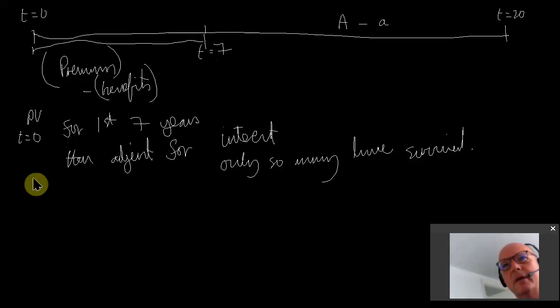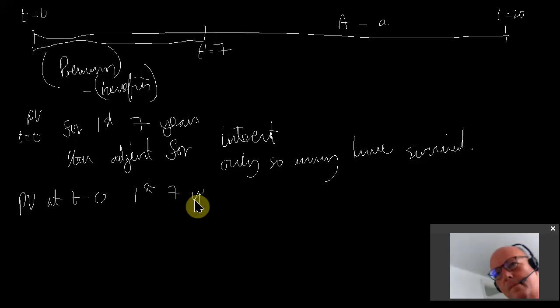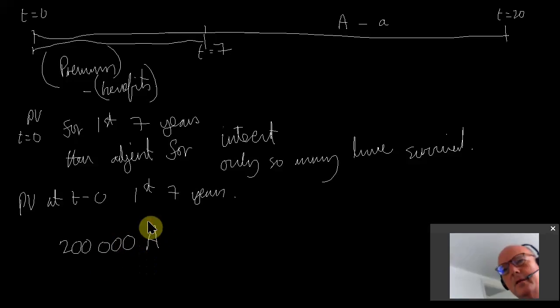So the way to get the reserve is to calculate the present value at t equals 0 for the first 7 years, and then adjust. So this calculation is 200,000 times the assurance function from age 35 for 7 years. I should put a 1 in there to say it's a pure assurance rather than an endowment assurance.